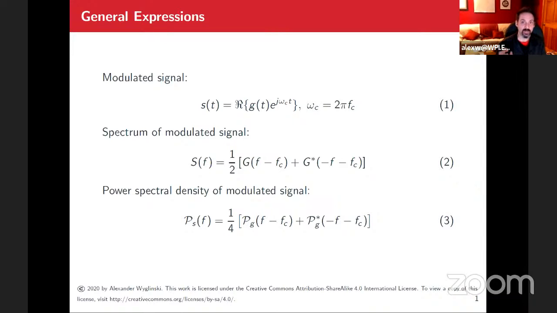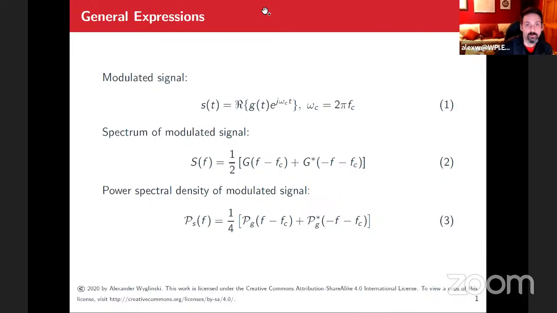And that gets multiplied by e to the j omega c t, or e to the j 2 pi fc t. And that's the conversion process from the baseband signal, G of t, to a passband signal. And the real operator makes sure that we only get the real component of that, and that's our S of t. Okay?